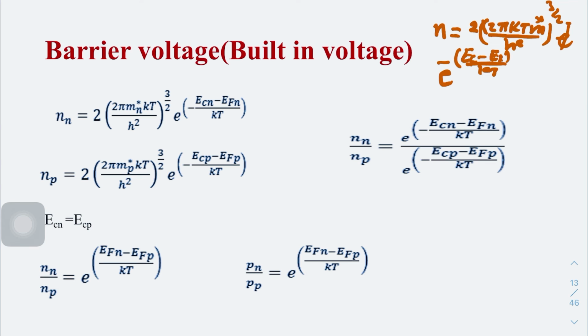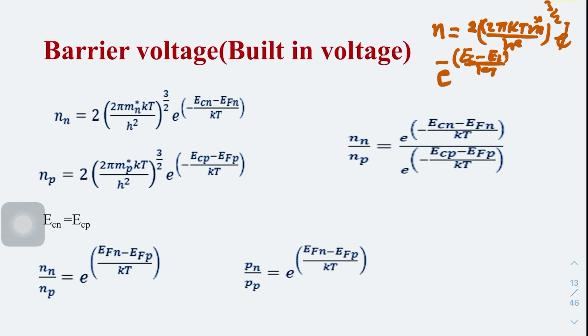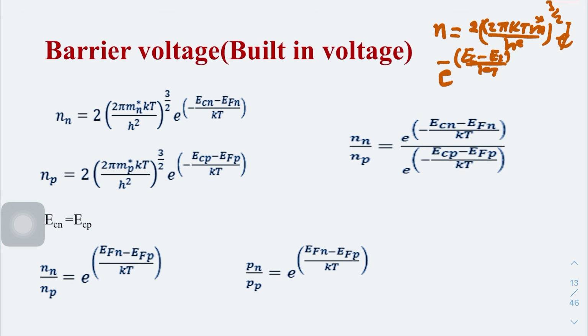Therefore, n sub n is equal to 2 (2 pi m star kT over h squared) to the power 3 by 2 times exponential of minus (ECN minus EFN) over kT. And also for n sub p, instead of ECN and EFN here, we write ECP and EFP.